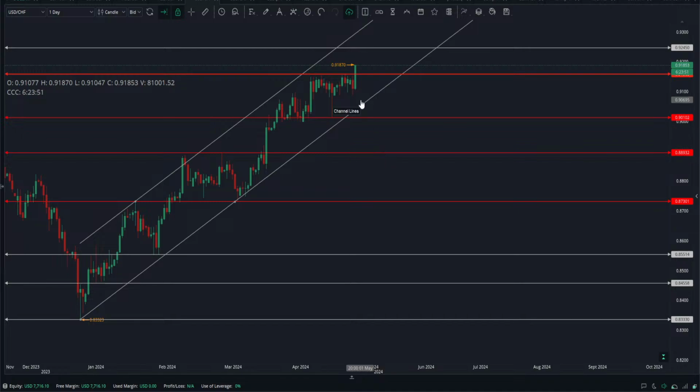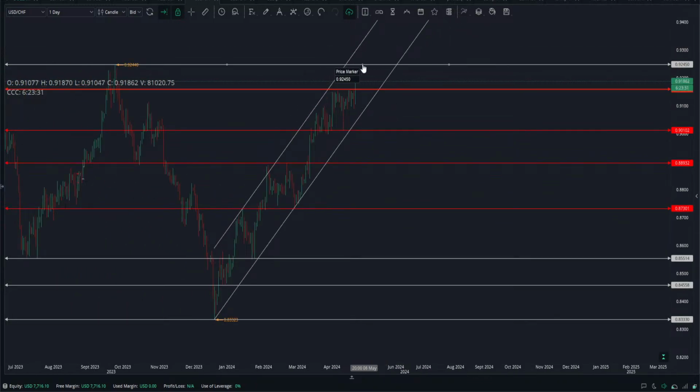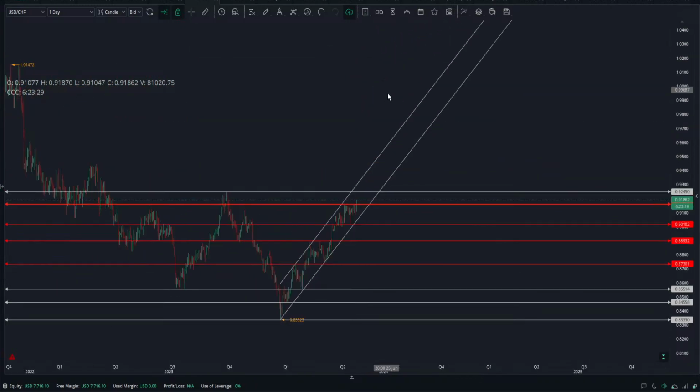So the level for us to watch on the downside is 0.9010, below which I would not like to have any longs open in the USD CHF. Now above this 0.9156, it is a sure shot to hit 0.9245. Now above 0.9245, I'll be looking for 0.9245 to act as a support with the higher targets.